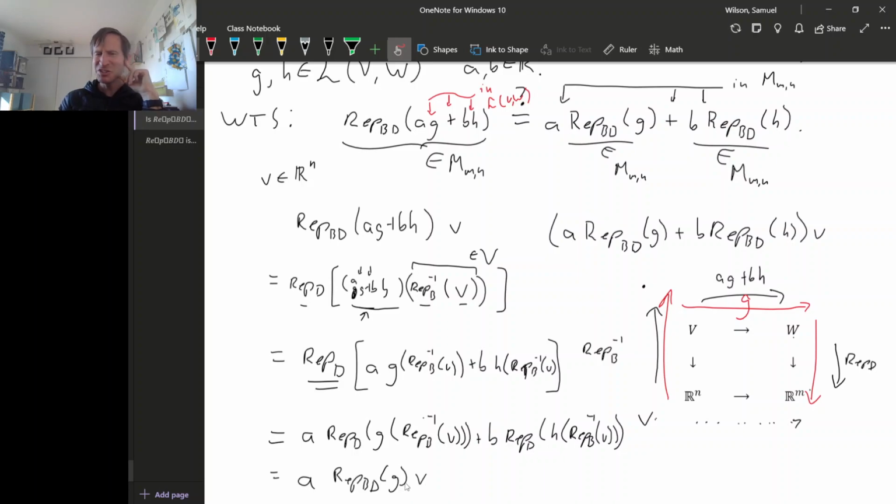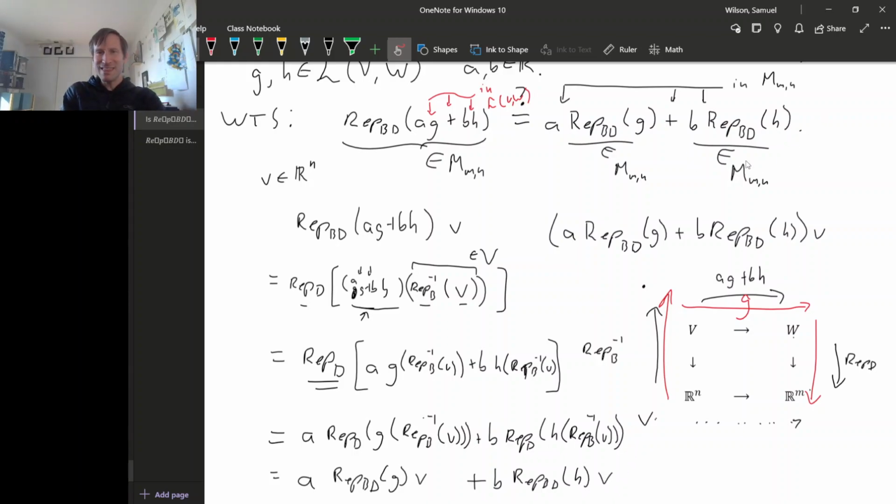We essentially defined matrix vector multiplication to make this the case. But then the same thing happens over here: B times rep D of H of rep B inverse of v is B times rep BD of H times the vector v.